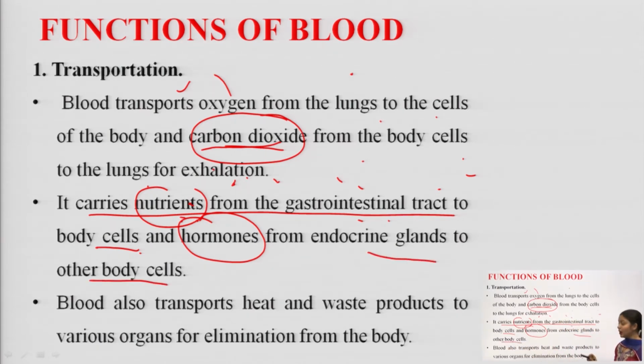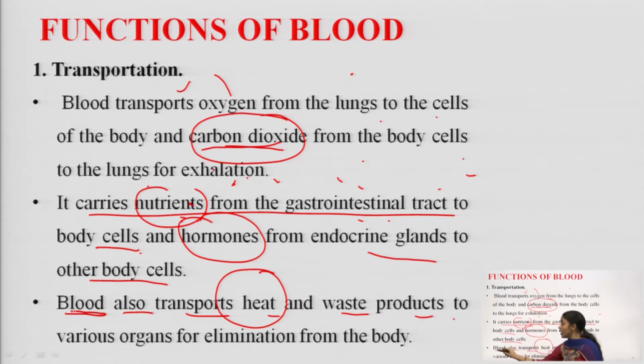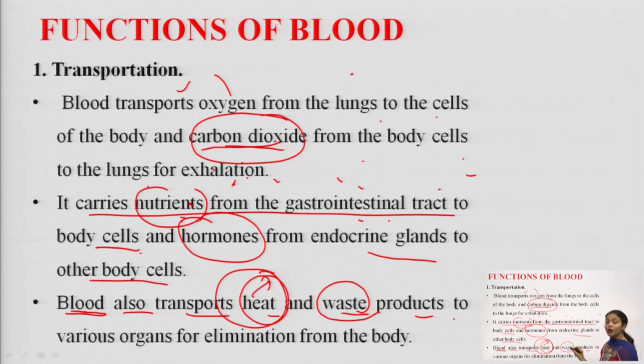Now the third one, blood also transports heat and waste products. How heat? The blood carries about 90% water, and through this the heat can be transported. The waste products, that is urea, uric acid, creatinine, should reach the eliminating organs for elimination.